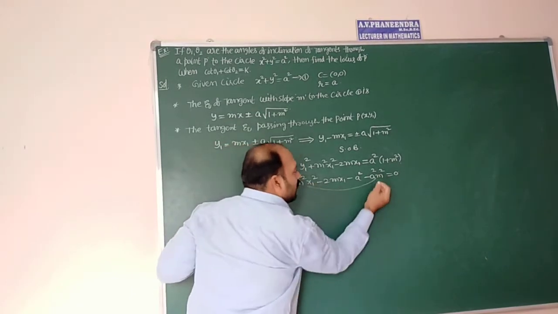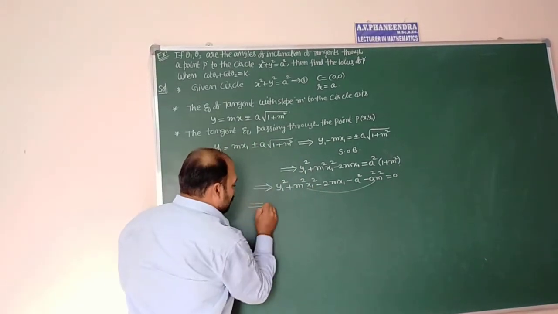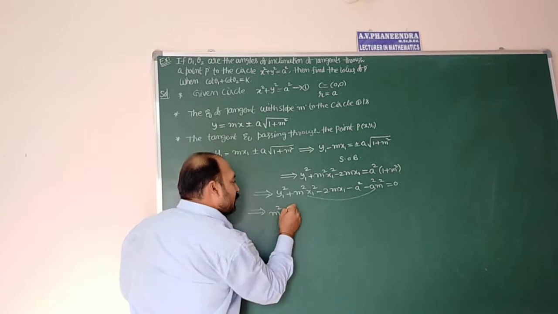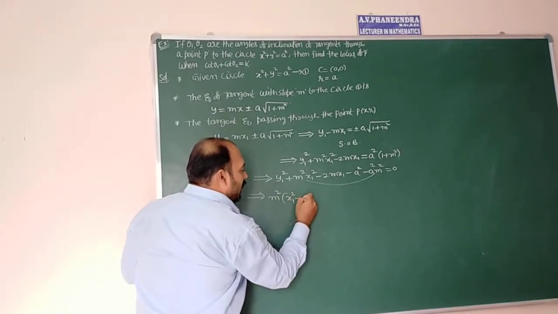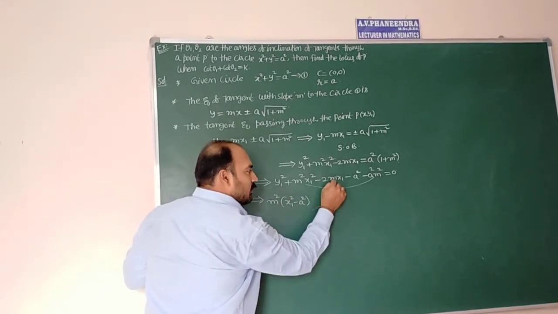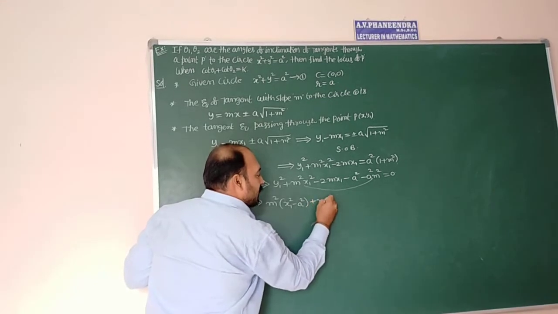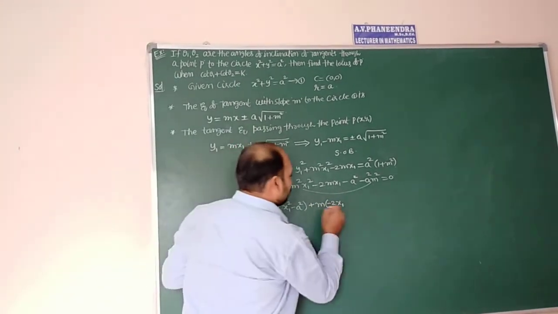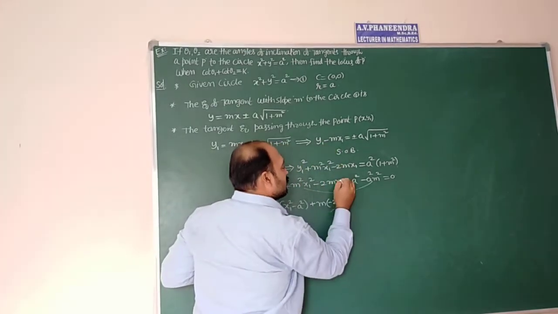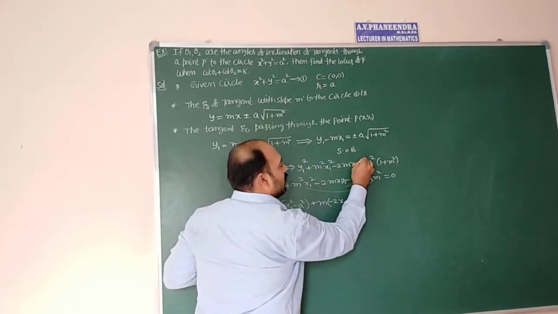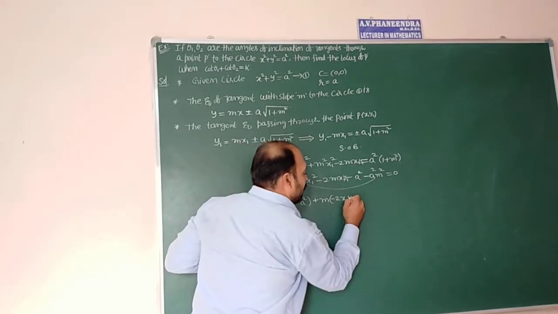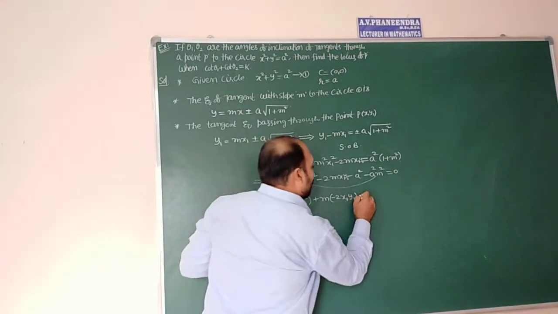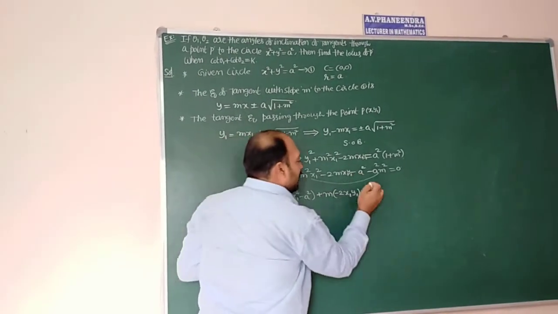From these, take common m square into x1 square minus a square. This can be written as plus m into minus 2x1 y1, sorry, y1 is also there, plus the rest of the terms, y1 square minus a square.